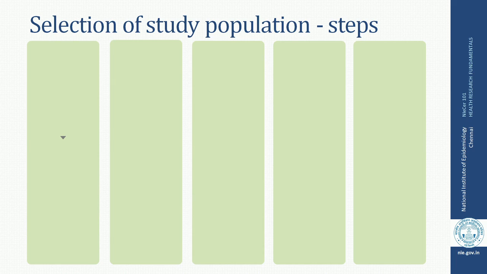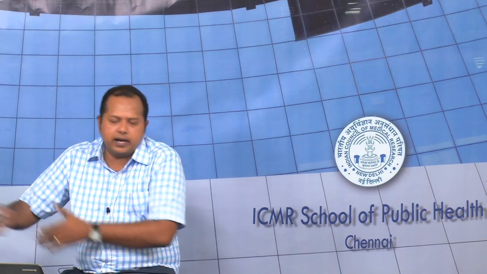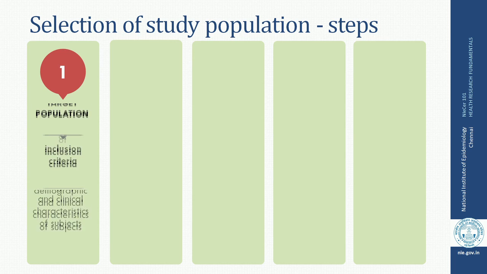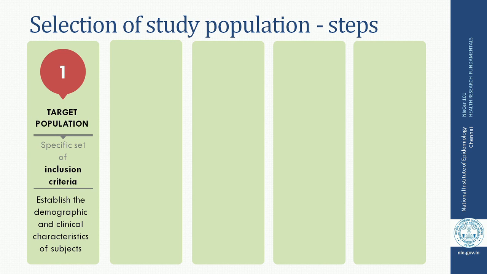And finally, I am going to give a summary of how the selection of the study population can happen in a stepwise manner. In the first step, we define a target population by a specific set of inclusion criteria by means of clinical, demographic, geographical and temporal characteristics.